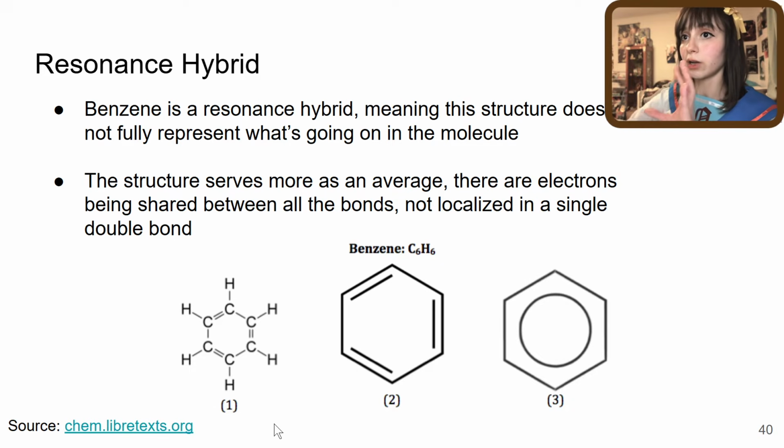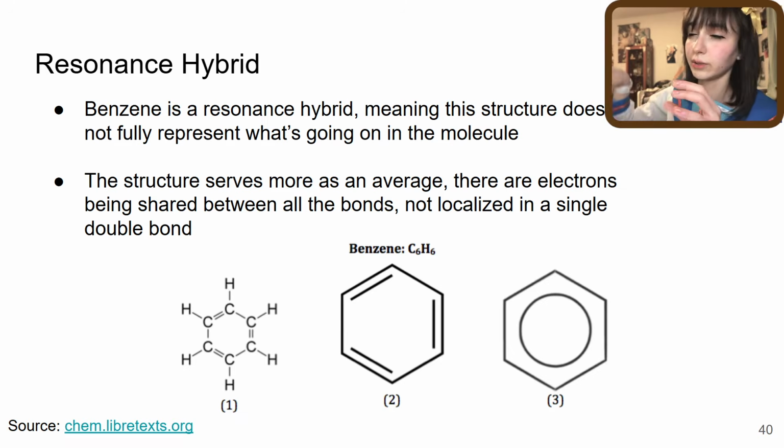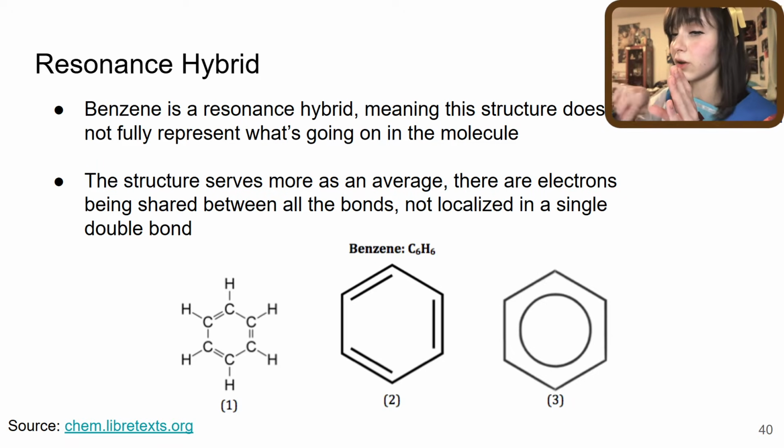this structure drawing gives us an idea of what this looks like, but on average, however, when you actually go in and figure out what's going on and probe inside my benzene, you find that this is not the reality, and that these electrons are actually being shared basically all around the ring.